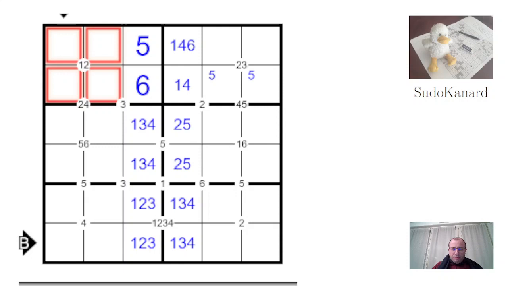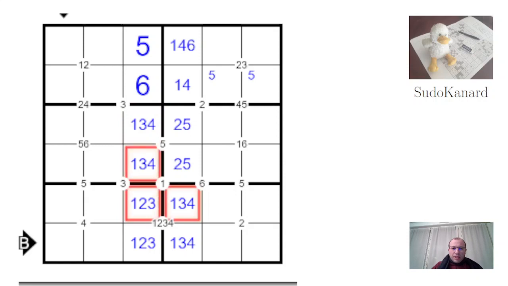And then what? So we know there's a 3 here. So there's a 6 somewhere here, so this here is not a 6. This is from 1, 3, and 4. There's a 6 somewhere.